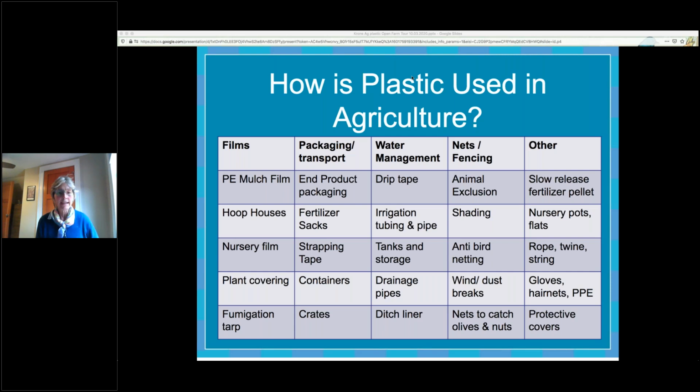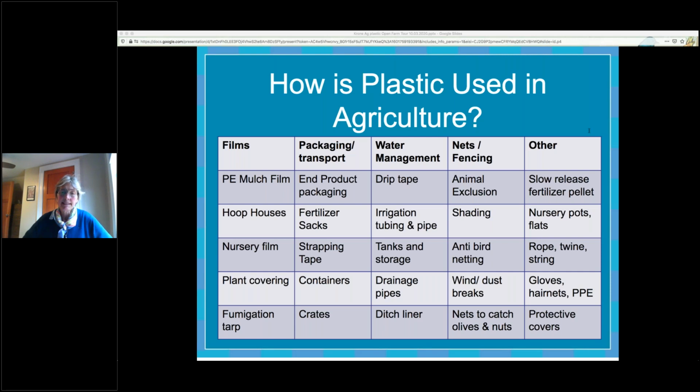It's used in hoop houses to control the temperature and the climate in those hoop houses. It's used as fumigation tarp to help prevent the growth of different kinds of soil infection. It's used in packaging and transportation of products, fertilizer sacks and the end product so that it can be shipped to the market. It's used for water management, such as drip tape and storage tanks and irrigation tubing.